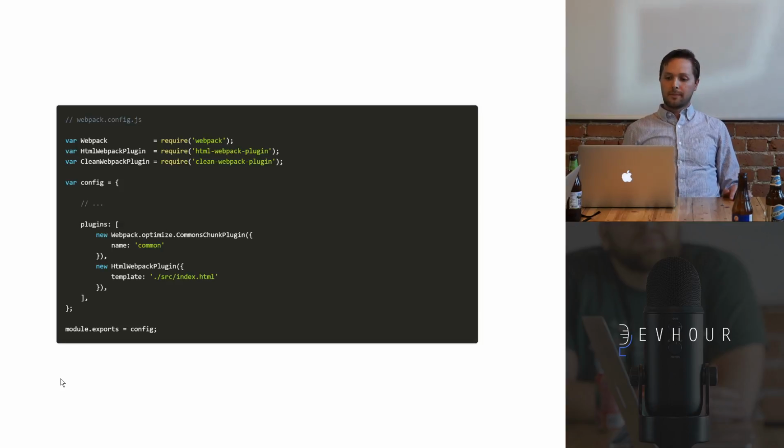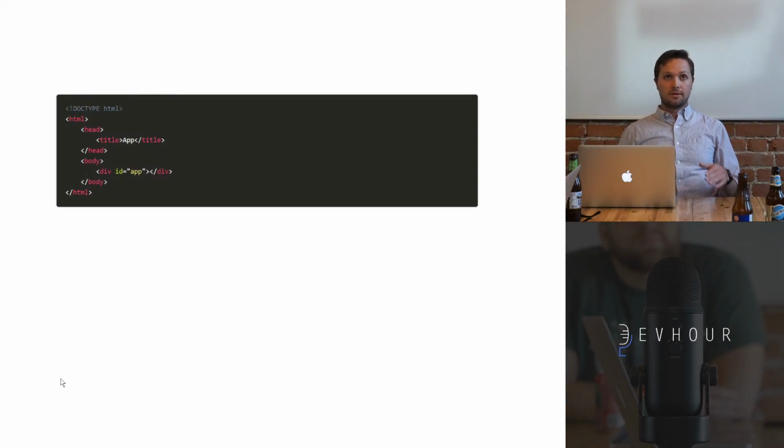Nice. We talked about the HTML Webpack plugin a little bit, how we use that to let Webpack handle the hashing strategy that we want to use to leverage long-term caching and cache busting. And right here, we're going to demonstrate a little bit of what the HTML Webpack plugin does.